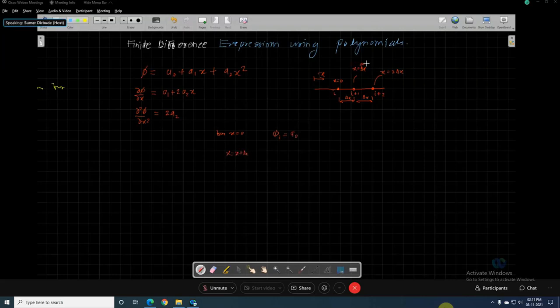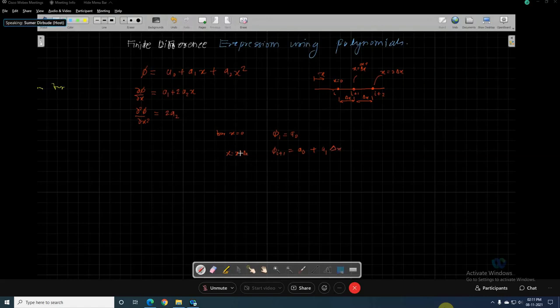This is x plus delta x, and this is x plus 2 delta x. Here phi I plus 1 will be equal to a naught plus a1, and what is our x? x is delta x.